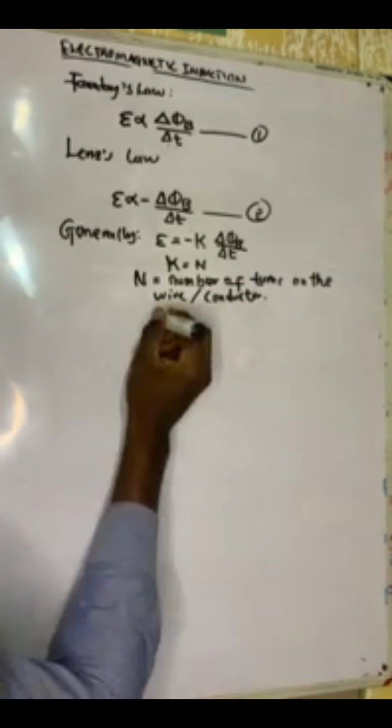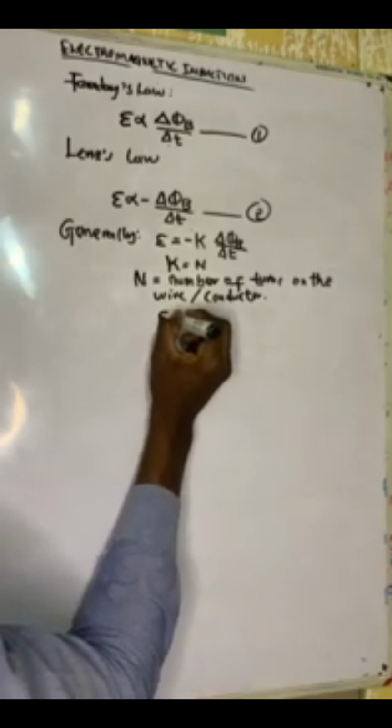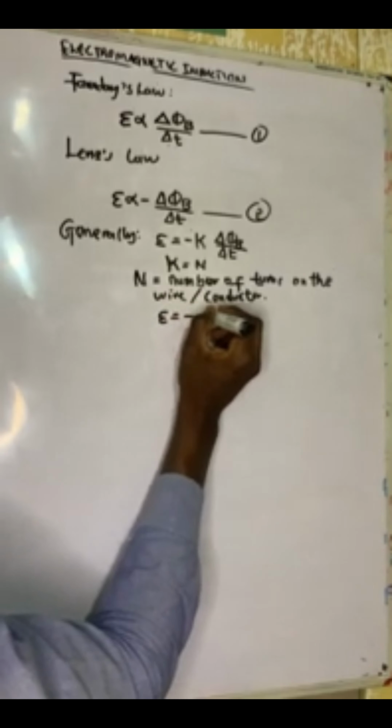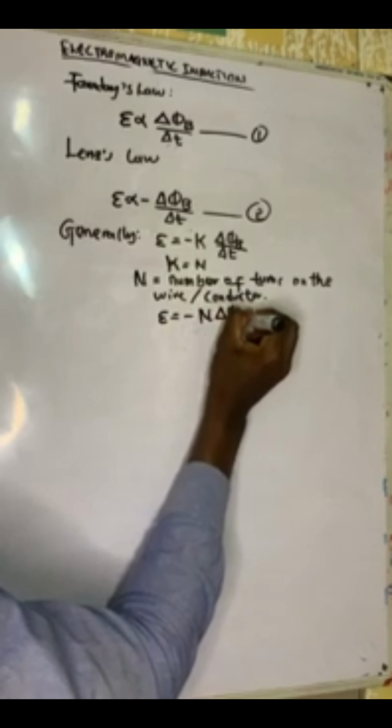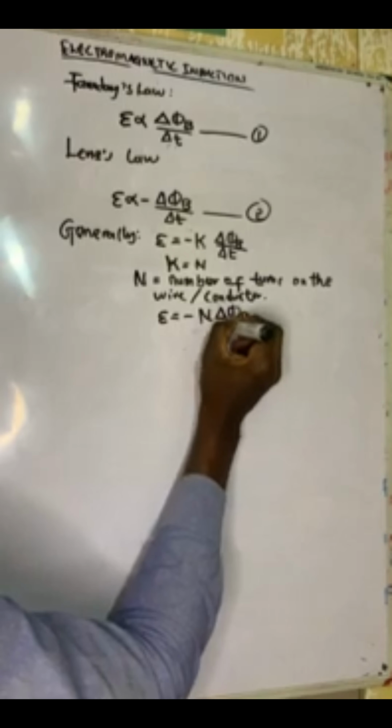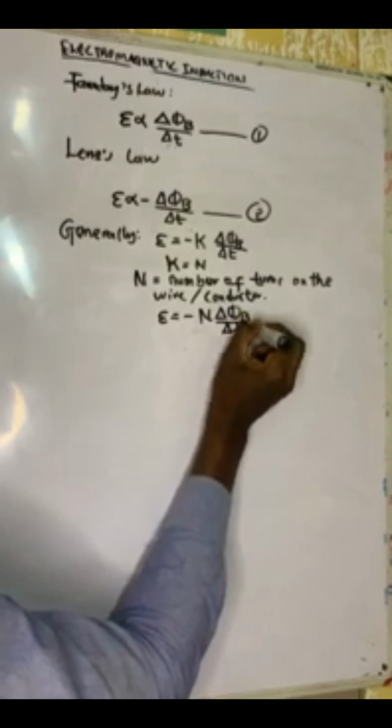Alright, so it means that our induced EMF will be negative N times the changing magnetic flux with respect to changing time.